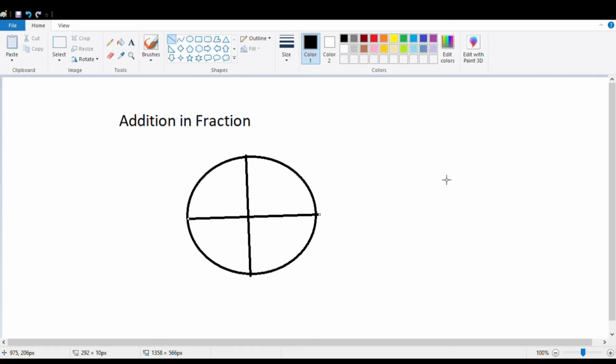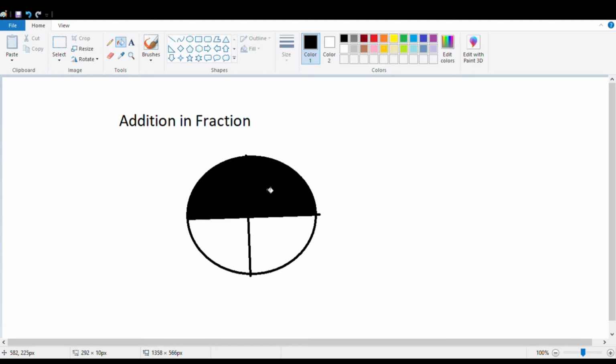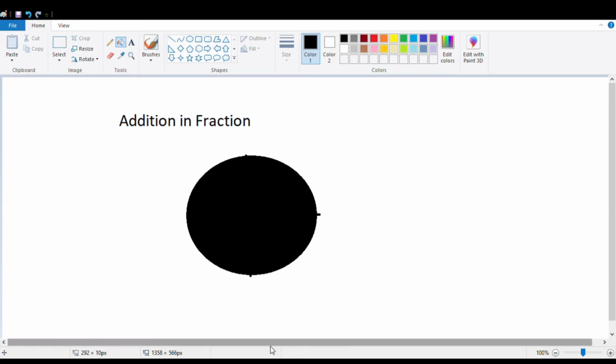So we have sliced it into 4 pieces. So now it's no longer a whole. Usually we will eat 3 or 2 pieces or 1 piece, but in this case we just eat the entire pie.